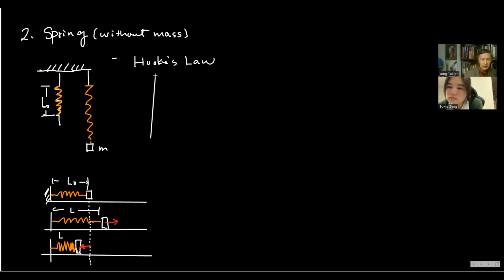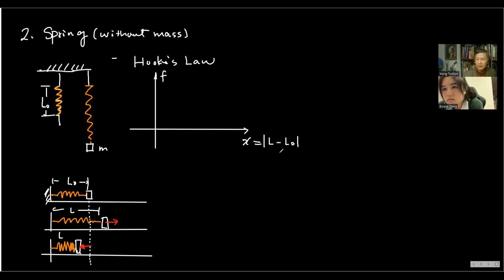He used experiments to determine the dependence of this elastic force on the displacement. Can we call this a change? X represents the change of the length, and this is an absolute value.